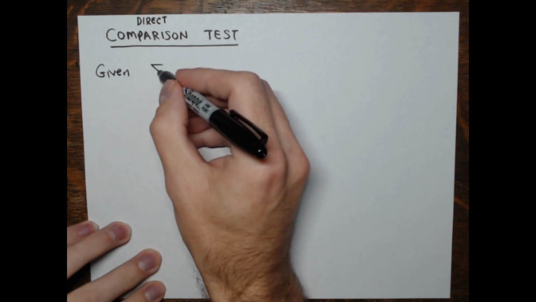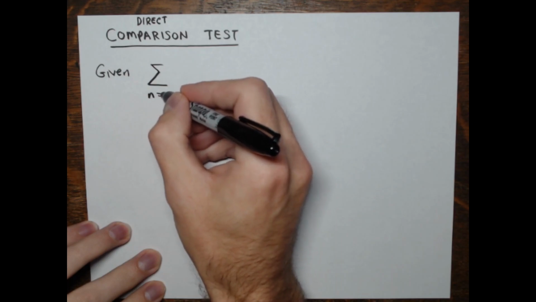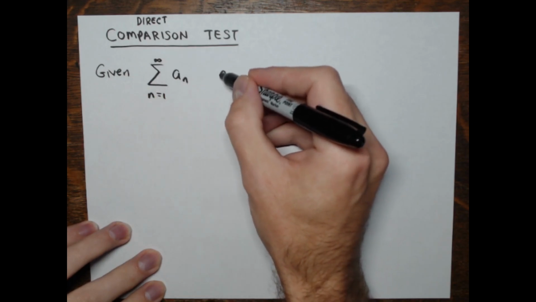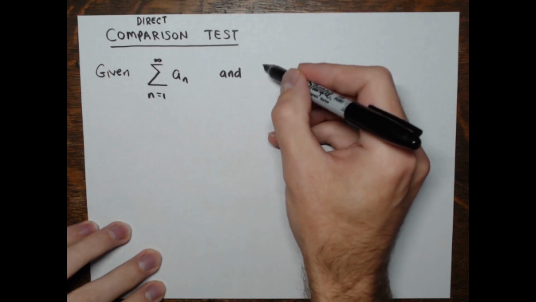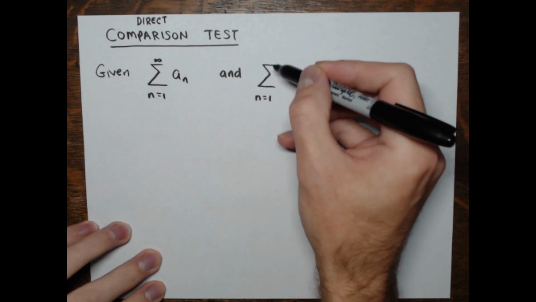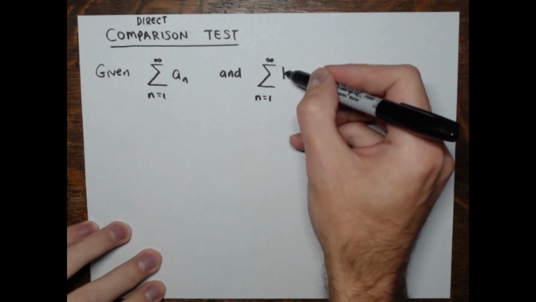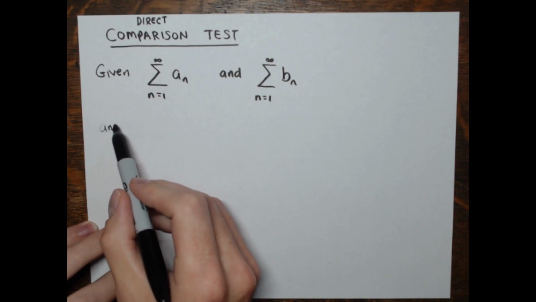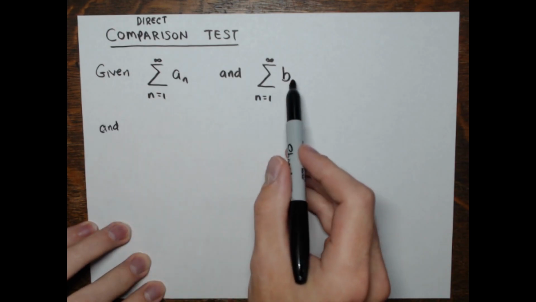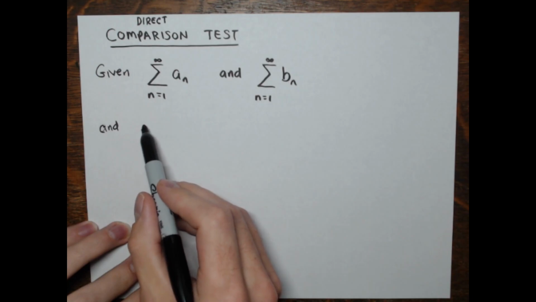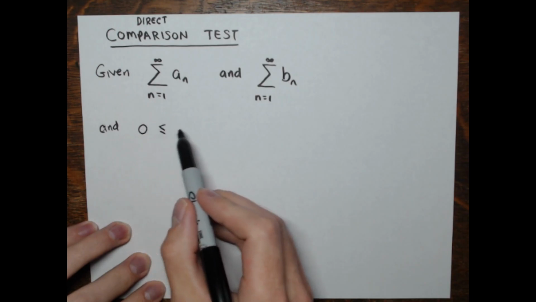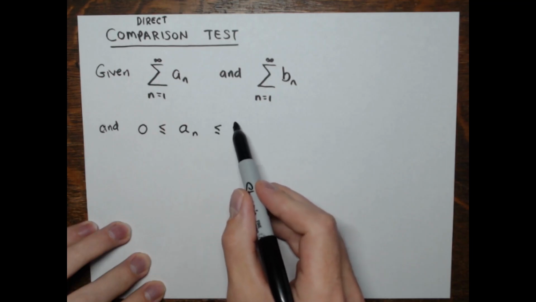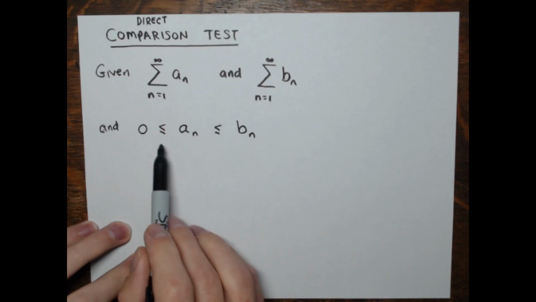So again, say we're given a couple series, right? The sum from n equals 1, or some integer, to infinity of a sub n, and another series called the sum from 1 to infinity of b sub n. And these terms are eventually non-negative, and they also satisfy the following inequality. So there's a little extra to this.